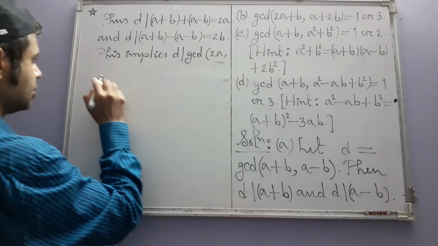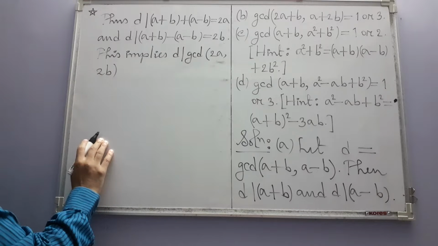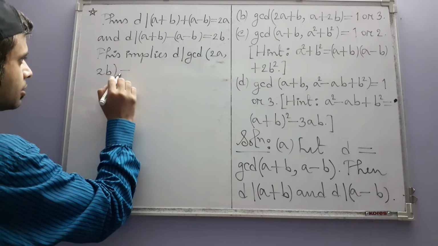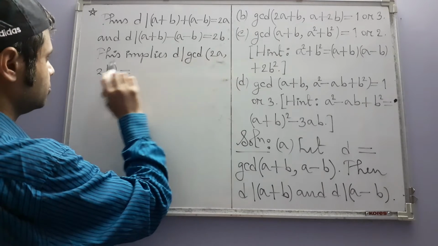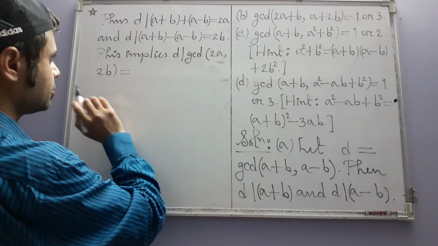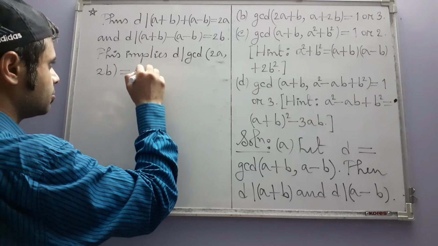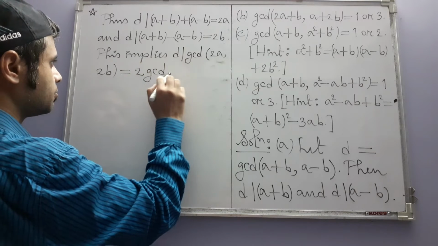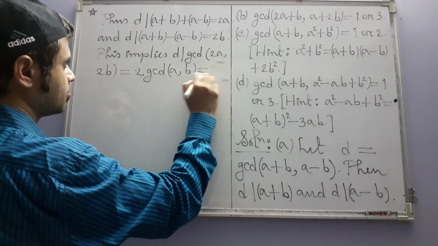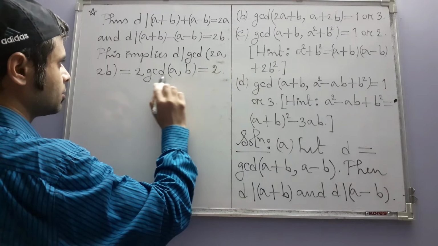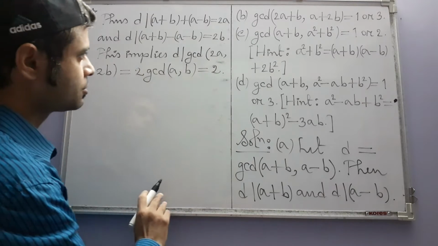GCD of 2a and 2b, and from a previous result on GCDs, because 2 is common to both these integers and 2 is positive, we can take 2 common out and we will be left with this, which is of course 2 because GCD of a and b is 1. So that means D divides 2.